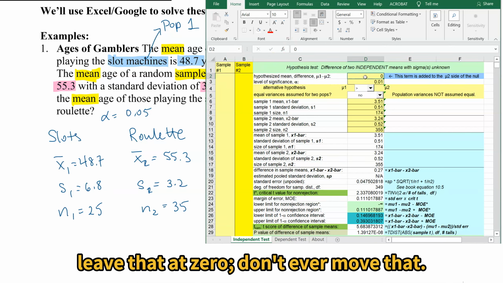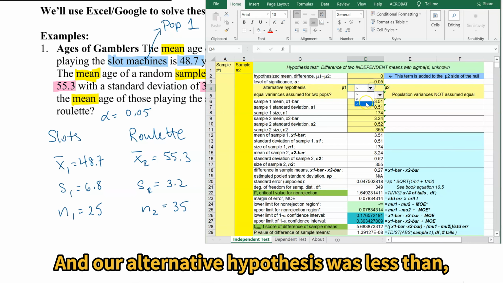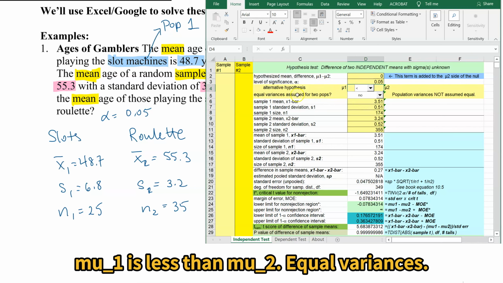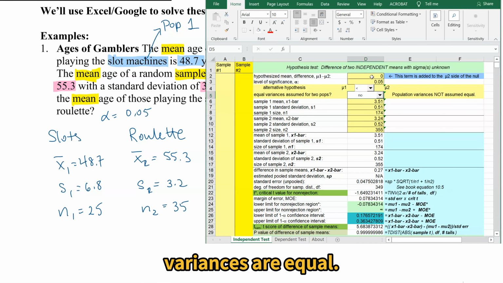Don't ever move that. Level of significance, we had a 0.05 level of significance, and our alternative hypothesis was less than, mu1 is less than mu2. Equal variances, we're not going to assume our population variances are equal.